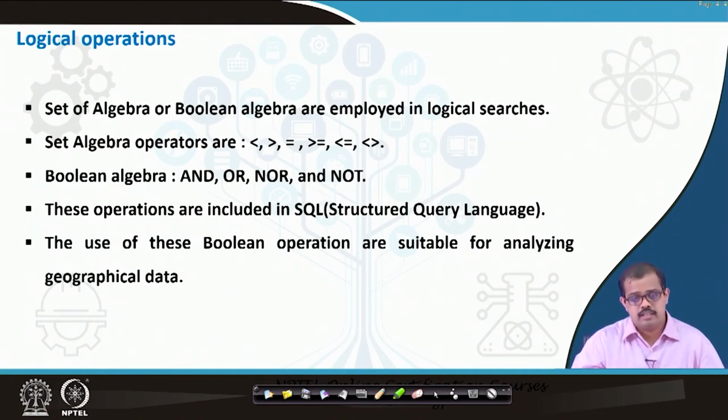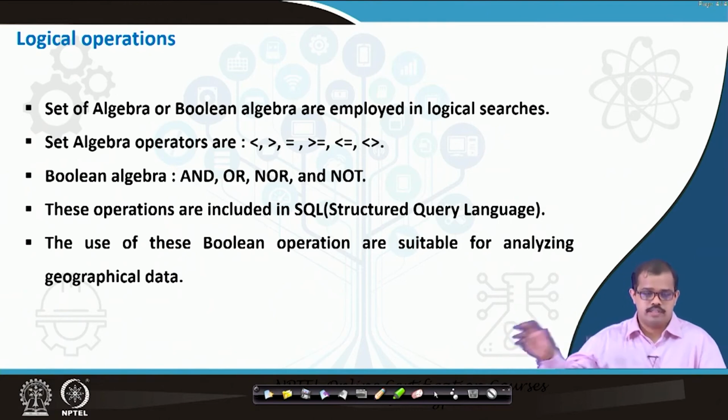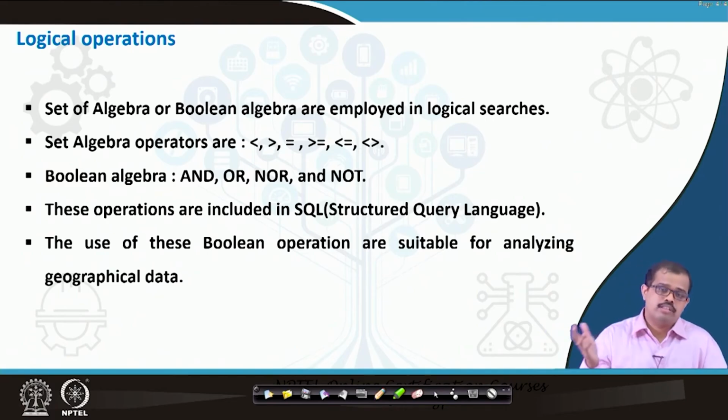If the state is equal to West Bengal or the state is equal to Kerala, and if the population is greater than 5,000 and less than 10,000, between 5,000 and 10,000 you want to query, or the population is greater than or equal to 10,000, give me the outputs of these districts. That is what logical operations mean here, the logical usage of those values.